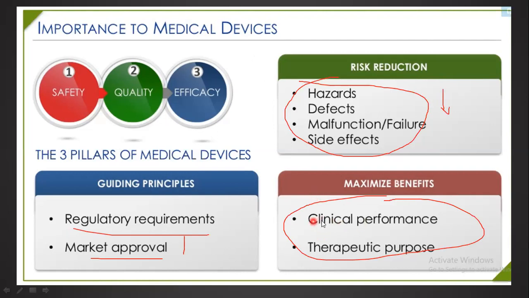That is the advantage whenever the risk is reduced, and that is the purpose of learning ISO 14971. During an interview, if asked about the advantage or importance of learning ISO 14971, you can give this answer: Sir, by applying the principles of ISO 14971, we can reduce the possibility of risk, that is, hazards, defects, malfunction, failures, or side effects, thereby maximizing the benefits.